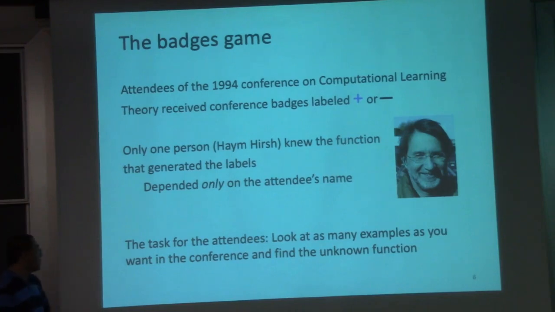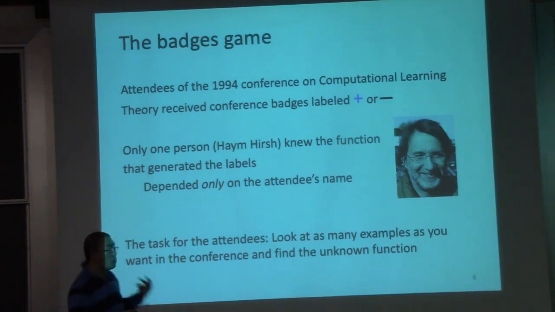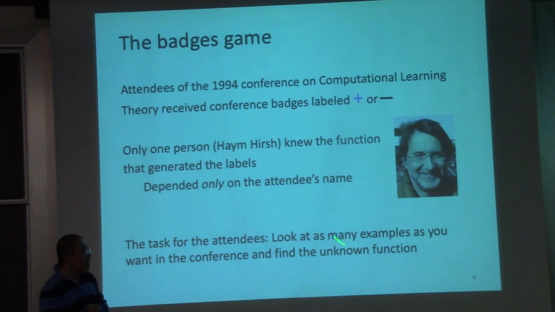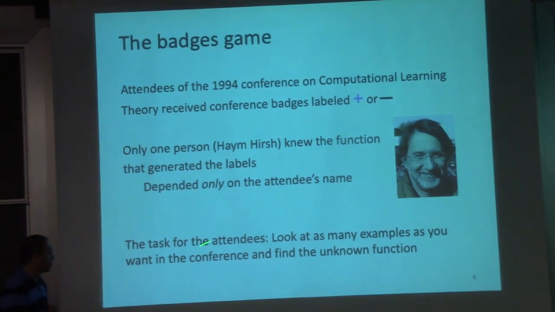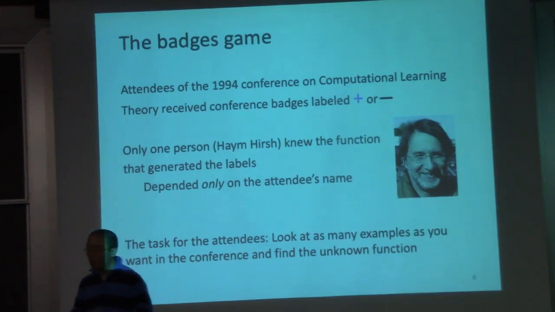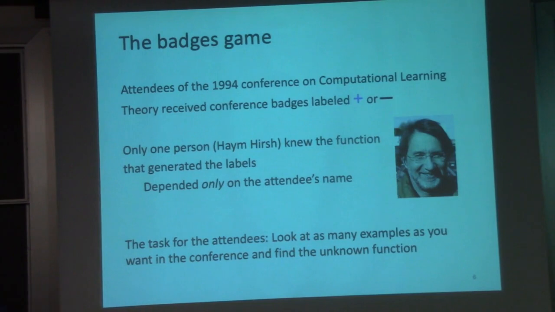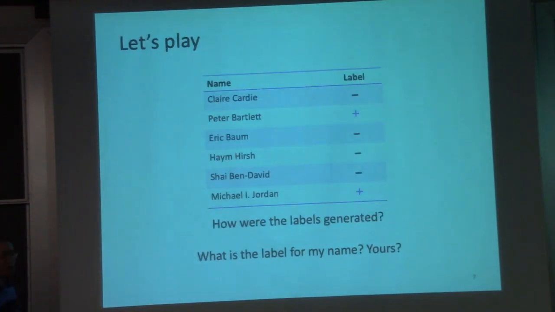So the attendees are assigned a task: look at or collect as many badges and labels as possible, and then try to work out the unknown function. This is called Badger's game. So assume we are some attendee and we collected 6 badges, 6 examples with names and labels.